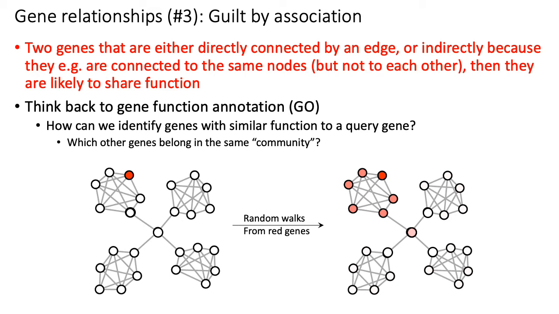And so that node is colored in red in this graph below. The idea of guilt by association is that using the graph, you can figure out which other nodes in the graph that node is well connected to, and those other nodes will tend to also be, for example, part of the DNA repair pathway.